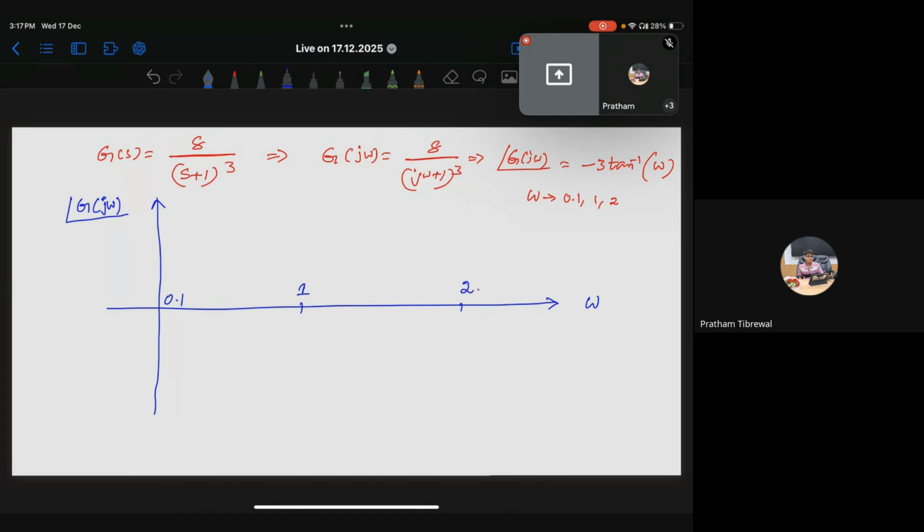At 0.1 you will get this value as minus 17 degrees, and at 1 you will get minus 135.